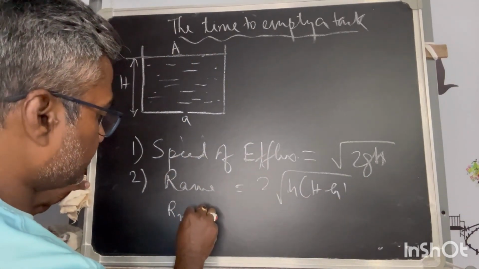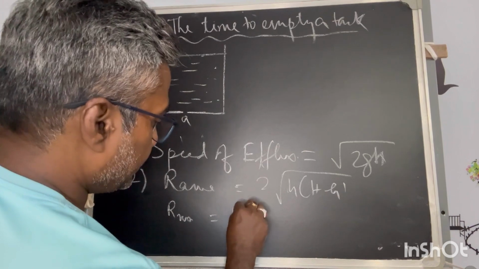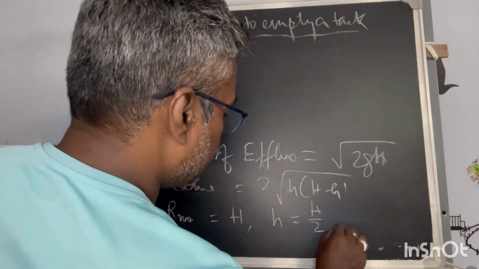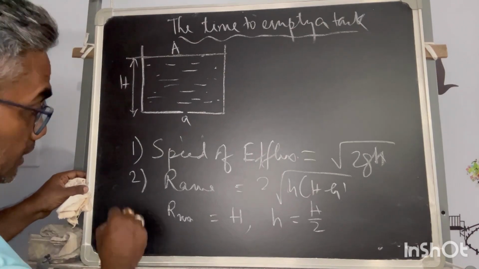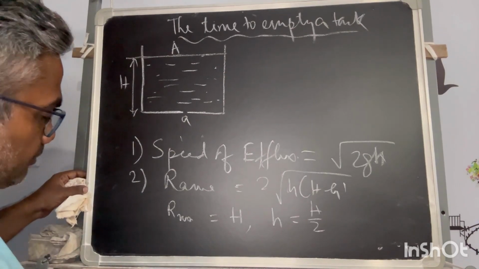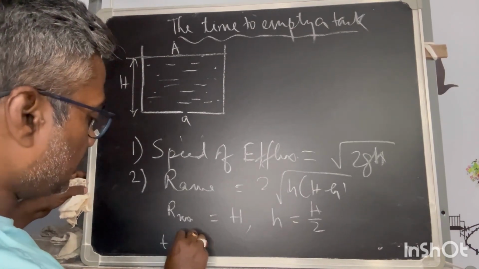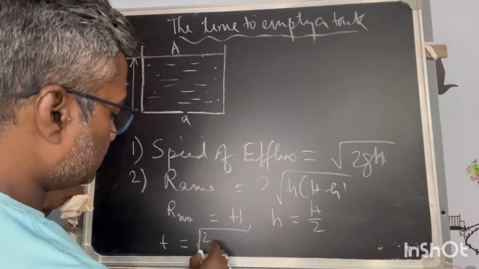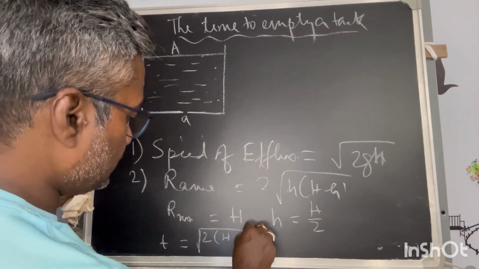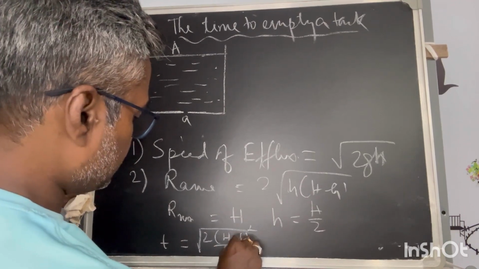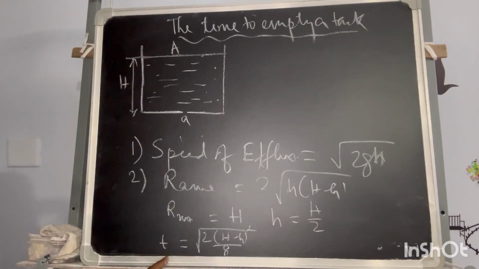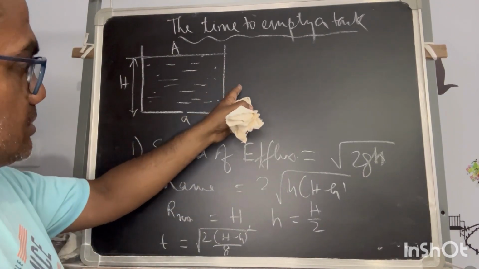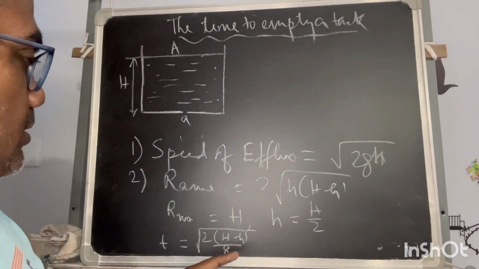Range maximum is equal to H for small h equal to H by 2 condition. And what else? Time of fall you also learned. The formula is under root of 2 into (H minus h) by g, I suppose this was the case. The time of fall of the liquid, if it is at some height small h.